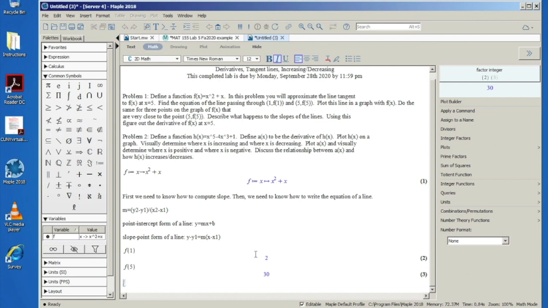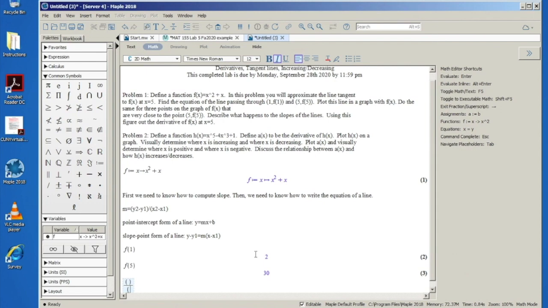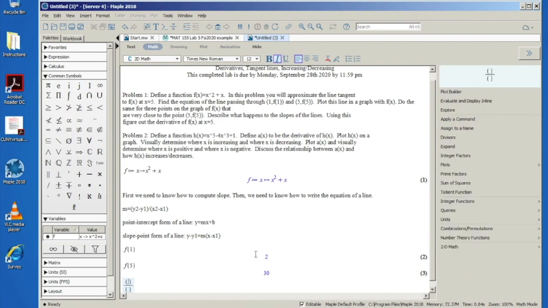Well, the slope is the difference in y divided by the difference in x. So I have my two y values and I have my two x values up here. You could choose any one of them to be x2 and y2. I'm going to choose 5, f of 5 to be my x2 and my y2.